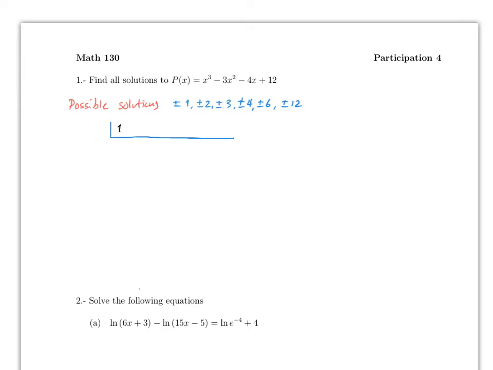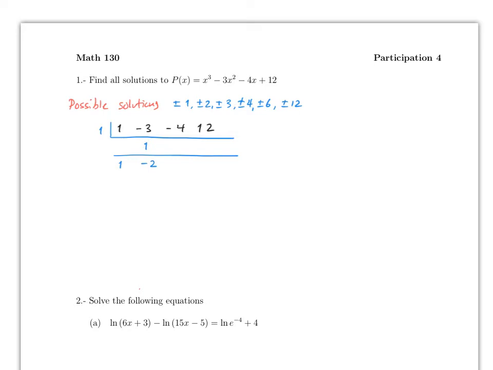So we have 1, -3, -4, and 12. And remember, the goal is to get 0. So let's start with the easiest one, which is the number 1. Then this goes down, so this is 1. And then this one just goes down. 1 times 1 is 1.